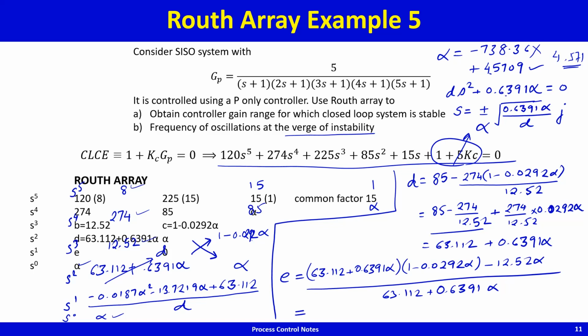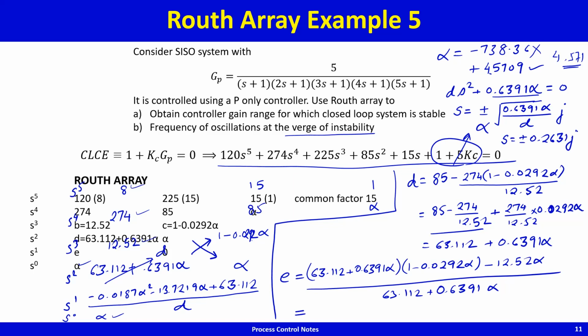Because when you take this to the right hand side, a negative sign comes, and when you take the square root of -1 you get j. And if you do this calculation, it turns out that s is equal to plus minus 0.2631 j. You can do this calculation and confirm for yourself.